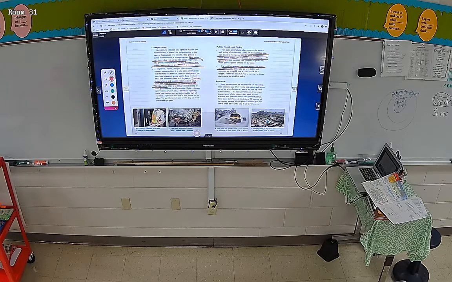Okay, what did you think? Which one here tells me how the state helps education? What does it do? They work with cities and towns to set up school districts. I agree with you right on that.